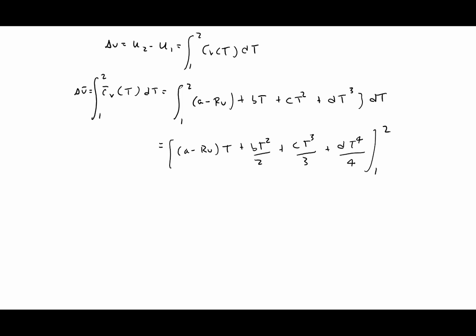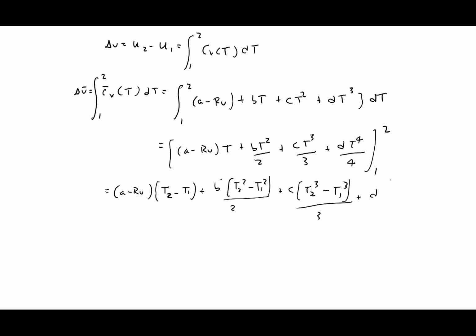So basically we're going to end up with A minus R_U, and then T2 minus T1, plus B, T2 squared minus T1 squared over 2, plus C, T2 cubed minus T1 cubed over 3, plus D, T2 to the 4th minus T1 to the 4th over 4.